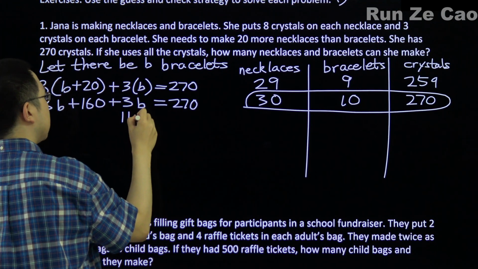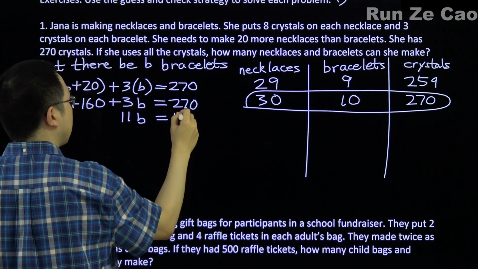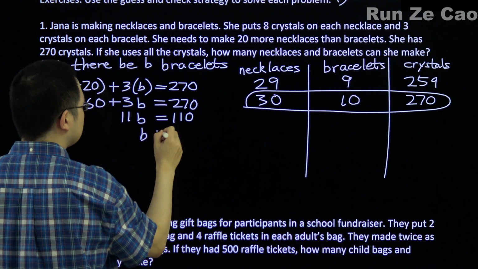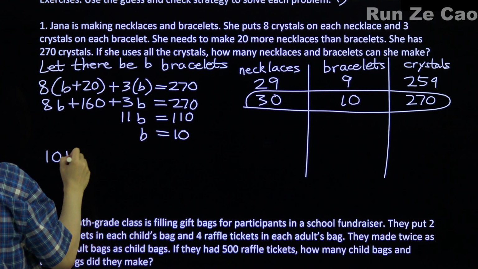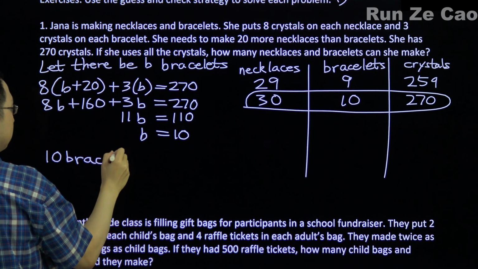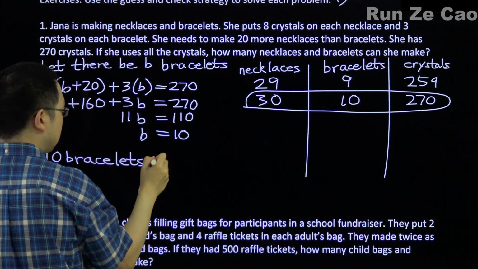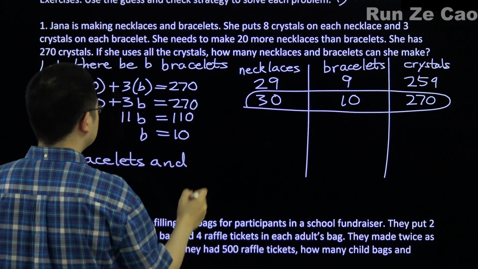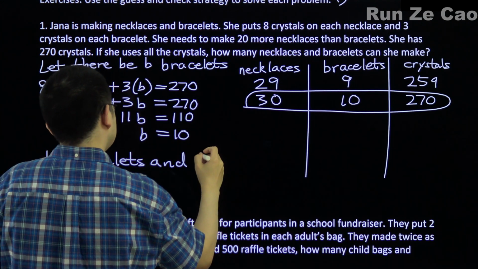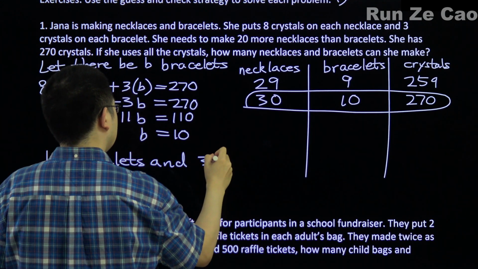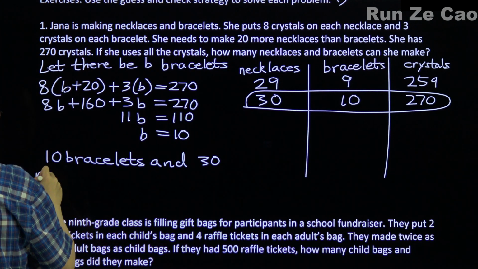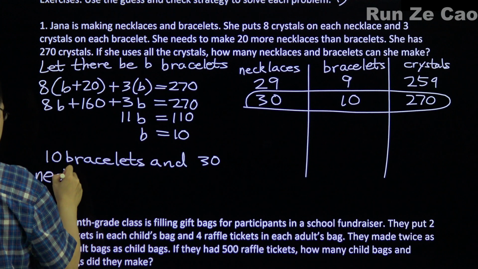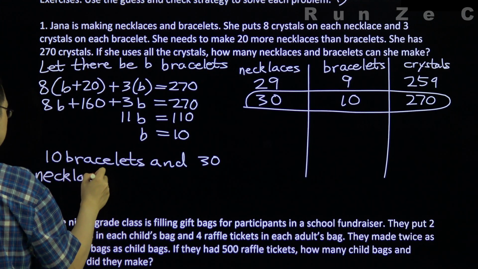So 11B is equal to 110, B is equal to 10, and 10 bracelets and 30 necklaces can be made.